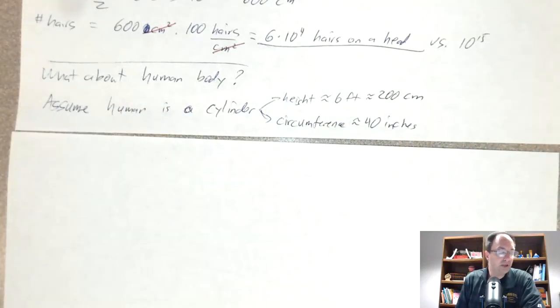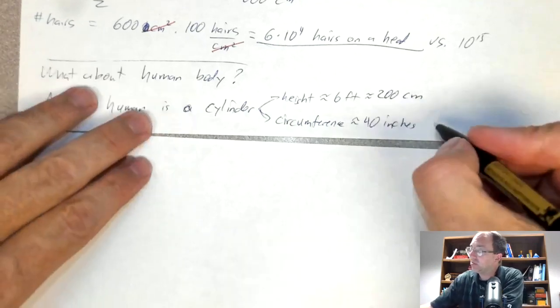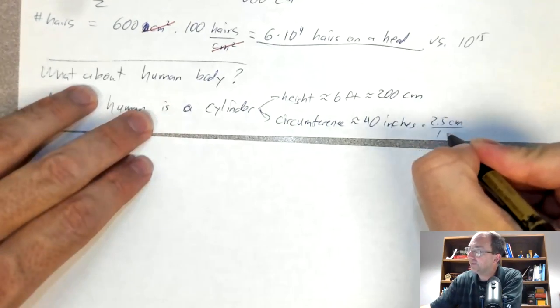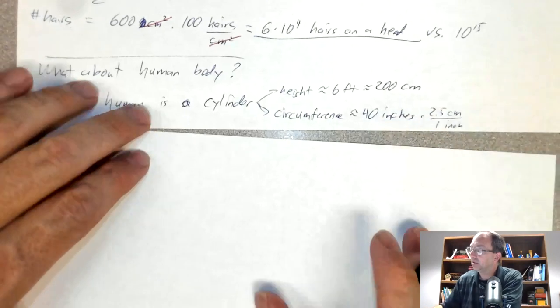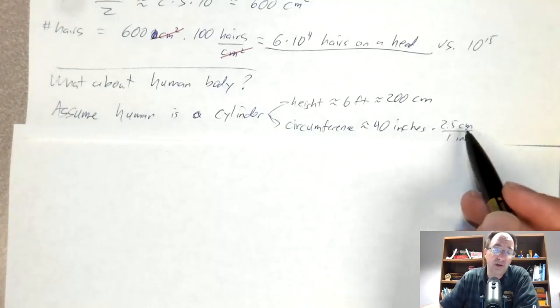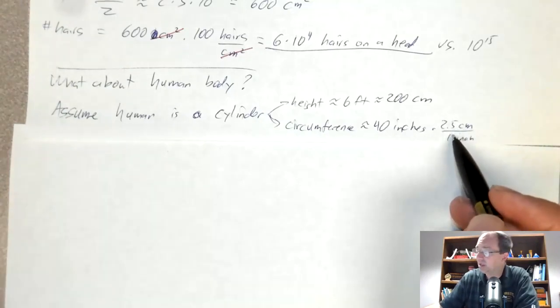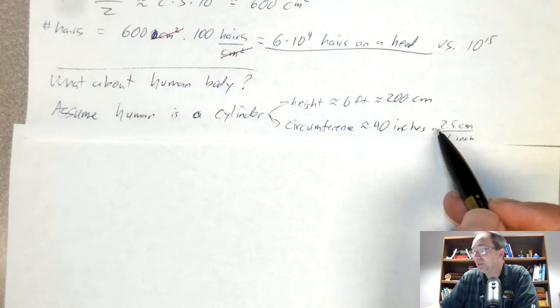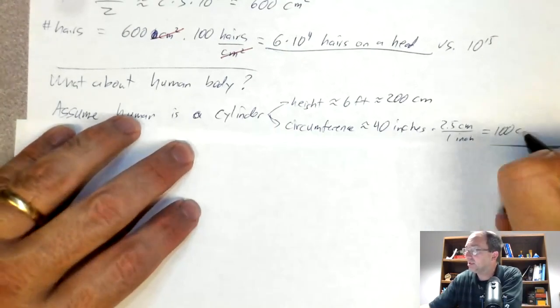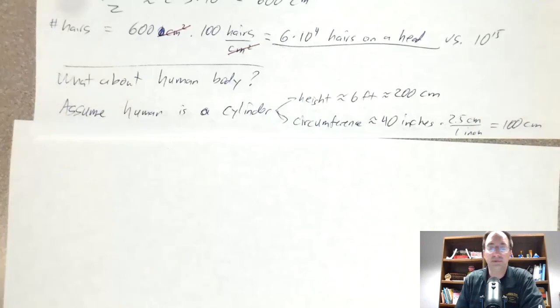So if we're at 40 inches, then that means that I know 2.5 centimeters are in an inch. Technically it's 2.54, but I don't need to get that precise. Notice I could use 2, I could use 3. It's not going to significantly change your answer. But in this case, 2.5 times 40 is actually easy to work out. That's just 100 centimeters as well. So a nice round number.